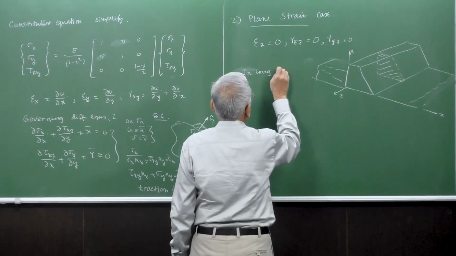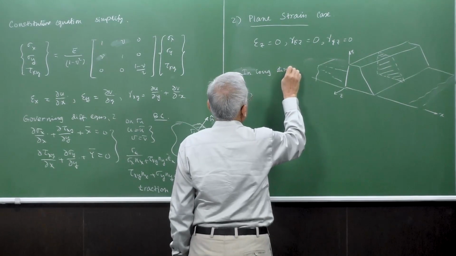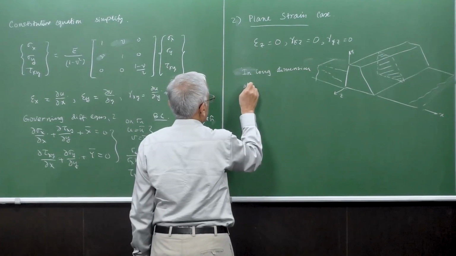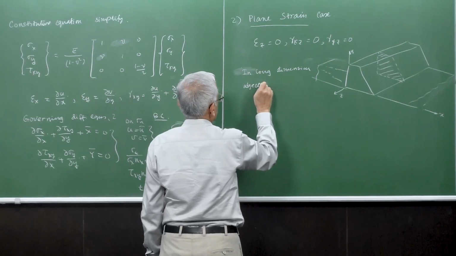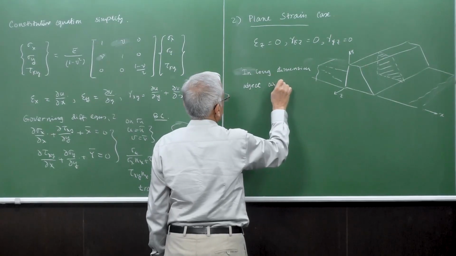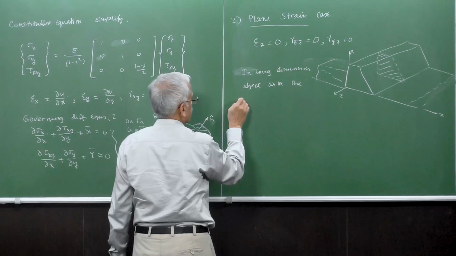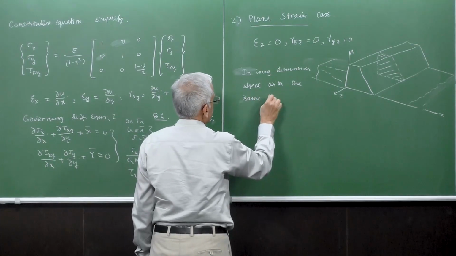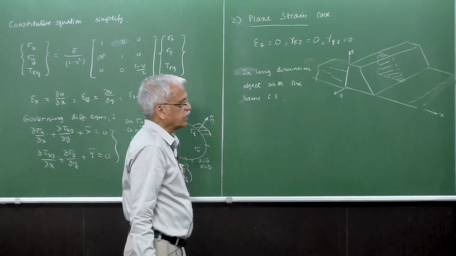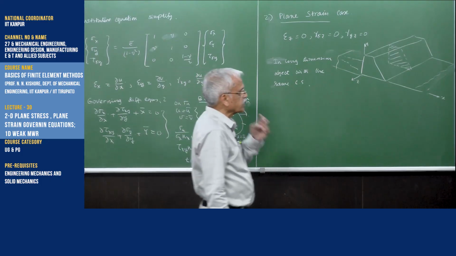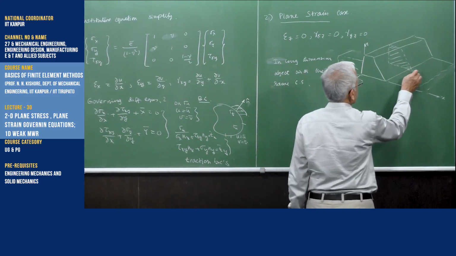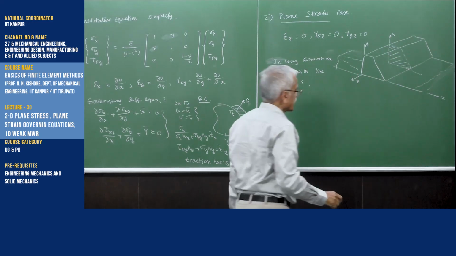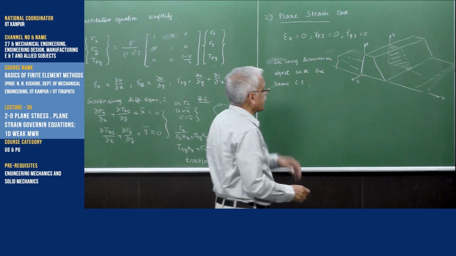In long dimension objects with the same cross section, like here, we take the cross section to be in the xy plane, and you can see that the same cross section is there everywhere.